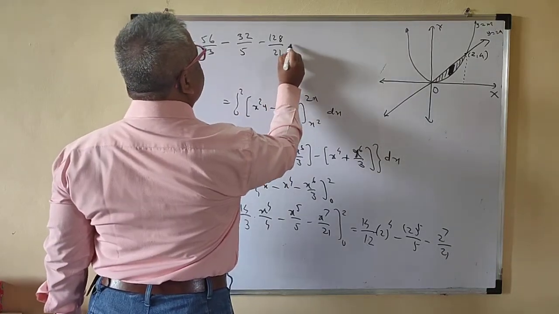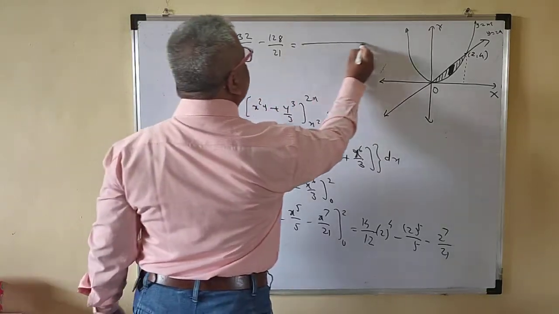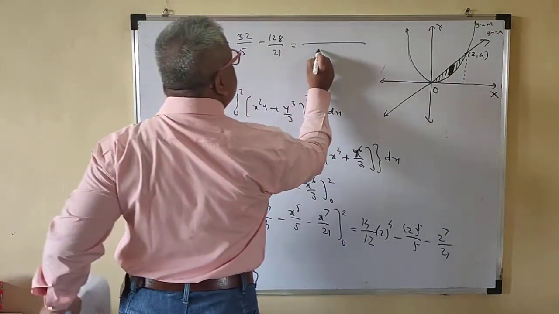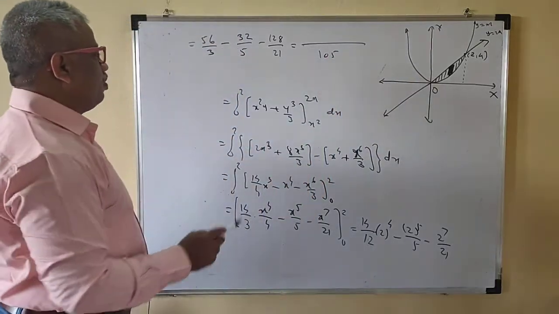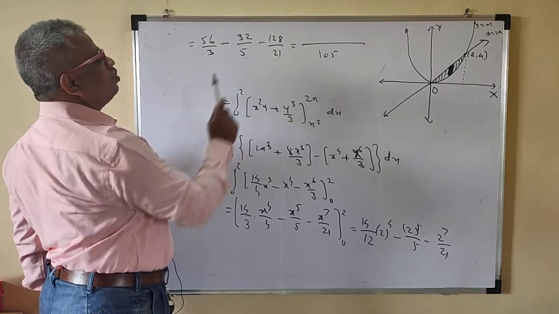If you take the sum of this, I will directly write it without calculating. 105 is your LCM, because 3 and 21 divide 105, so I have to take the product of these two, right?